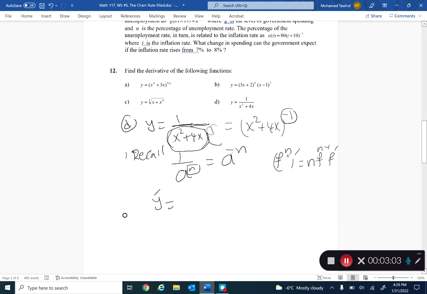So it is negative 1 times the bracket x squared plus 4x to the power negative 1 minus 1, but do not forget to multiply the whole thing by the derivative of whatever is inside the bracket.